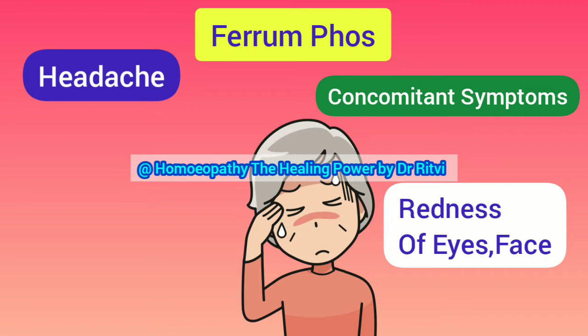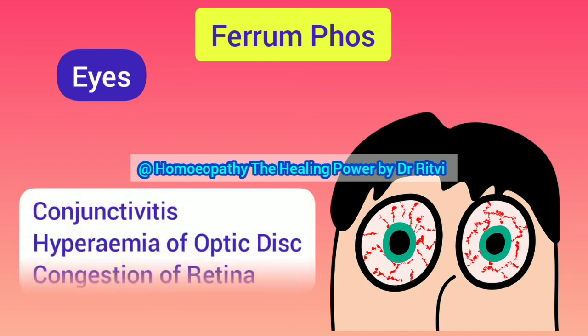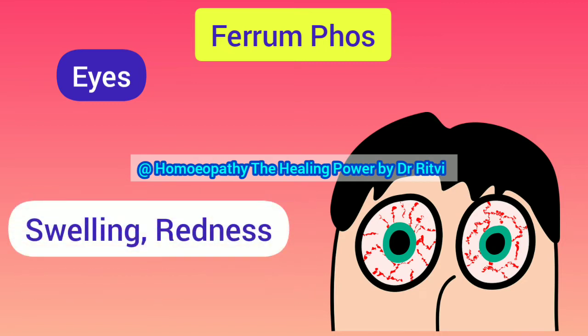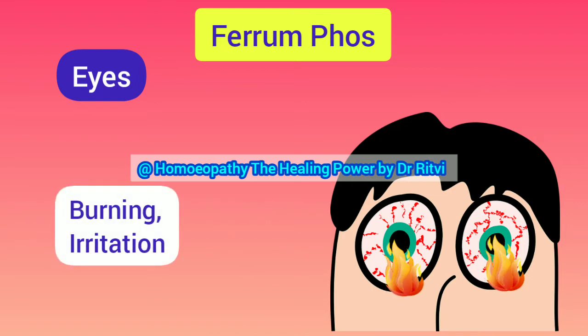Now let's start with the eye complaints of Ferrum Phos. Ferrum Phos is a useful medicine in cases of acute conjunctivitis. It is also useful in cases like hyperemia of optic disc and congestion of retina. There is swelling and redness seen in both the eyes. The patient feels irritation with burning sensation in the eyes.